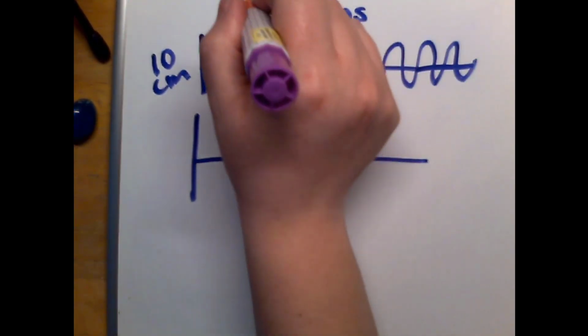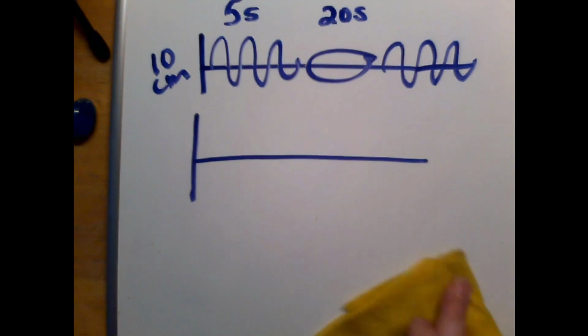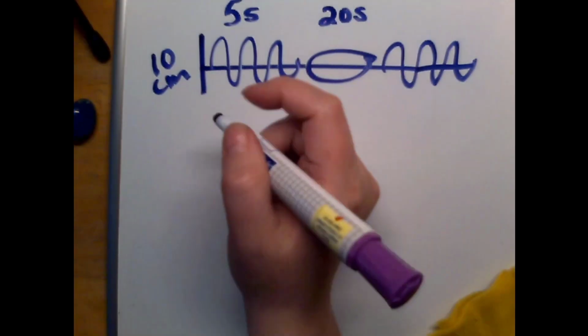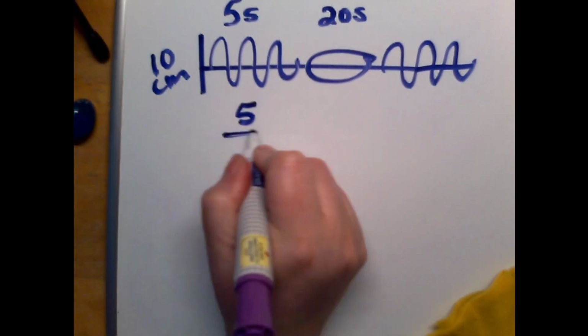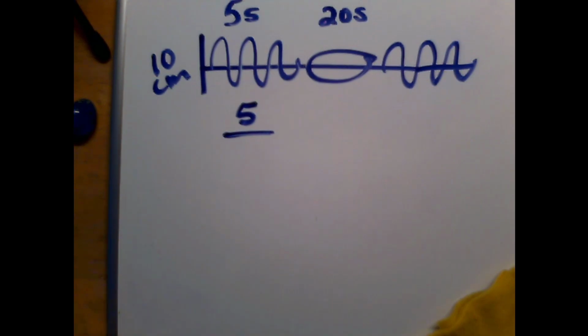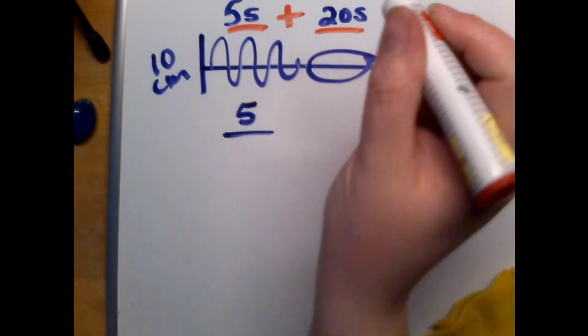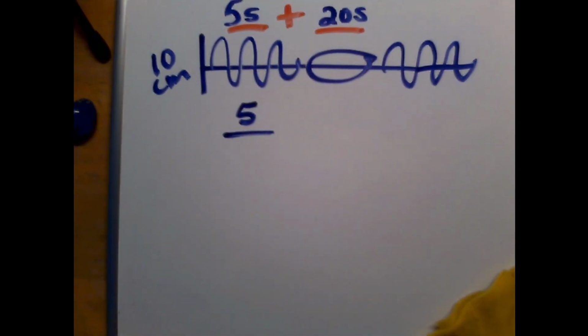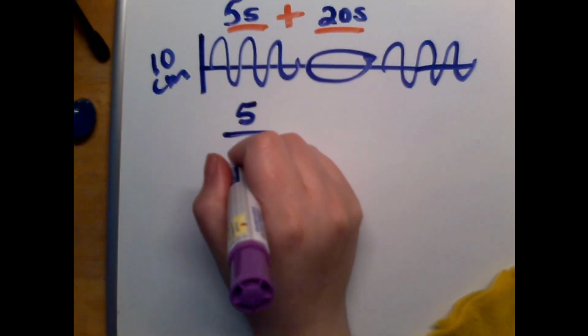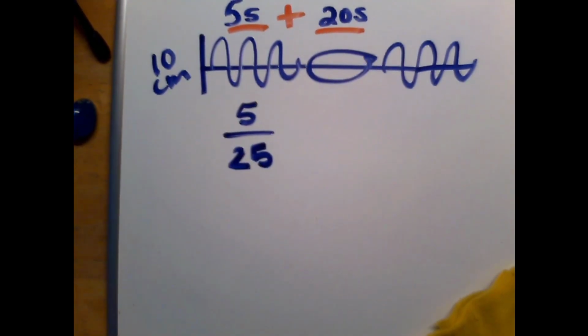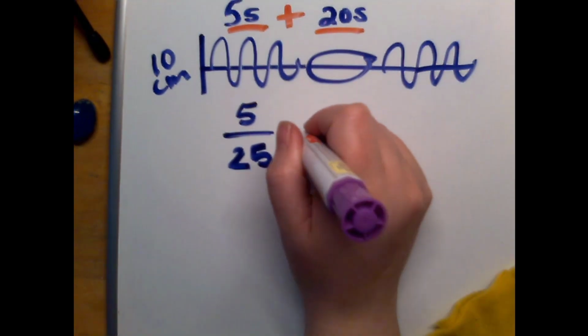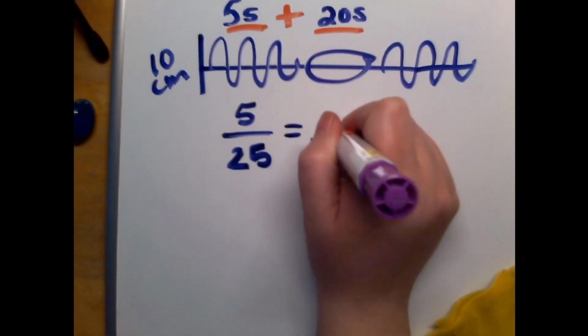So we are then going to take our pulse duration divided by PRP. And if you remember, PRP is pulse duration plus the off time. So we have 5 divided by 25, and that gives us 0.2.